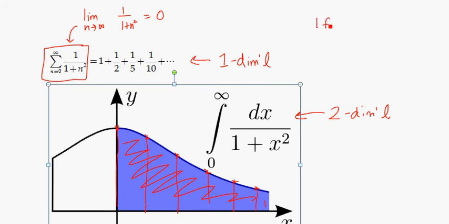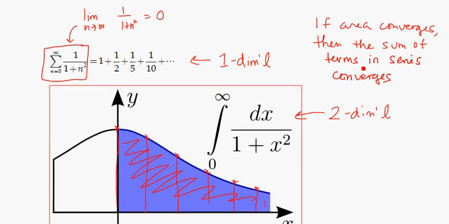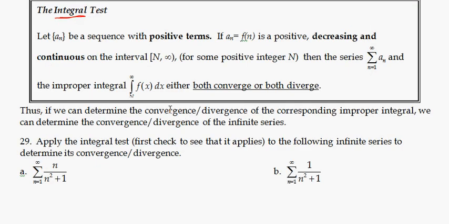So if the area converges, then it seems like a good correlation that the sums of just these finite one-dimensional segments would also converge. So if the area converges, then the sum of the terms in the series converges. Now I certainly did not prove that to you, and I'm not sure that this visual convinces you either, but it is in fact the case that what the integral test says is just this.